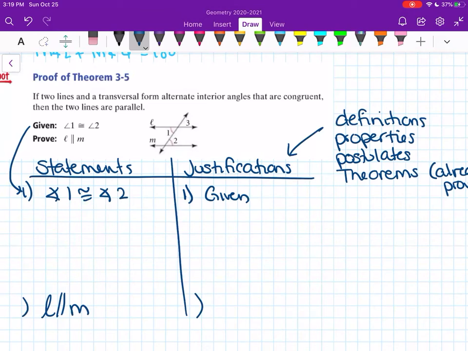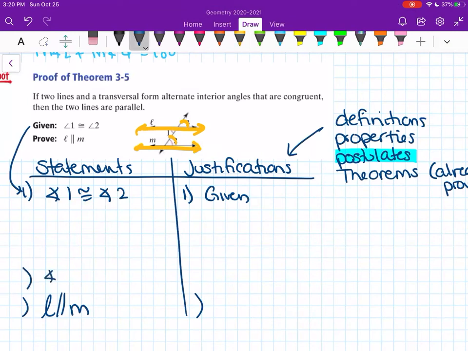All right, so let's look at this. If two lines and a transversal form alternate interior angles that are congruent, then the two lines are parallel. Great. So I am allowed to use postulates, and the postulate that tells me line L would be parallel to line M is if corresponding angles were congruent.